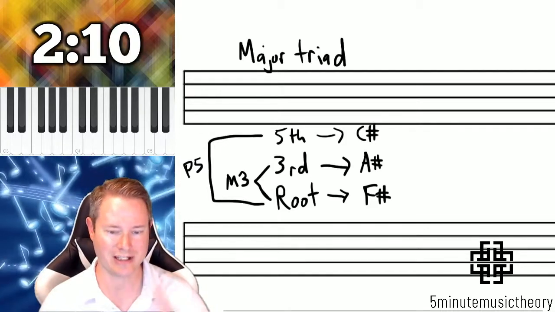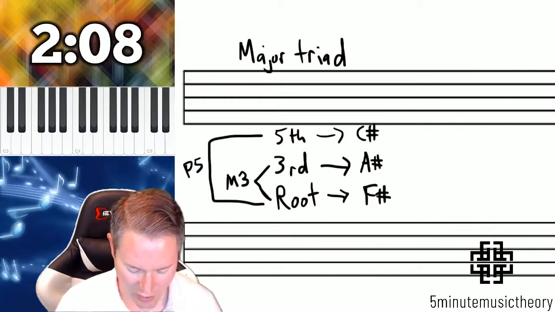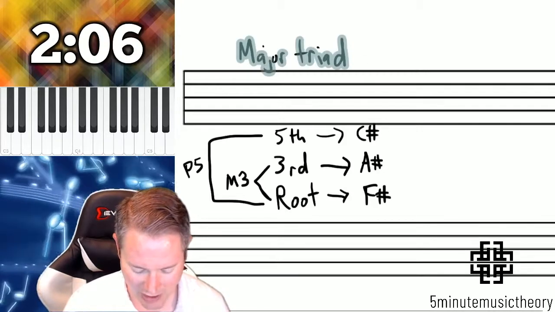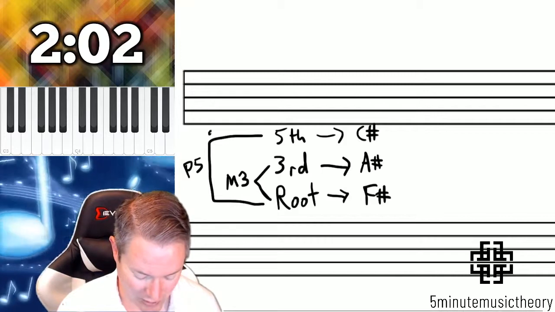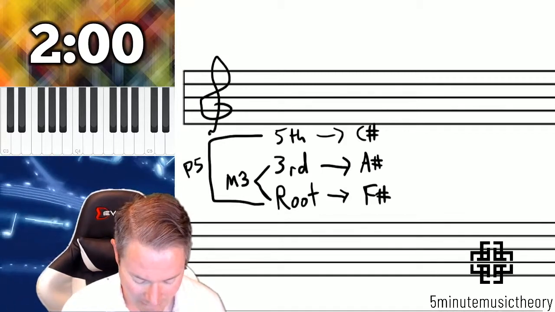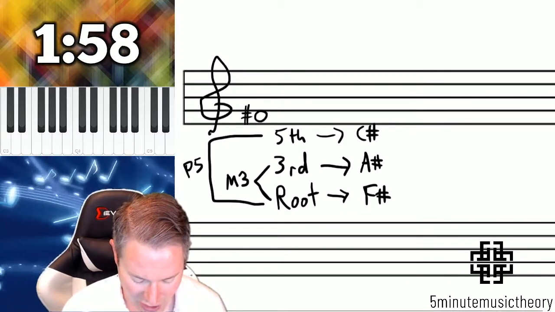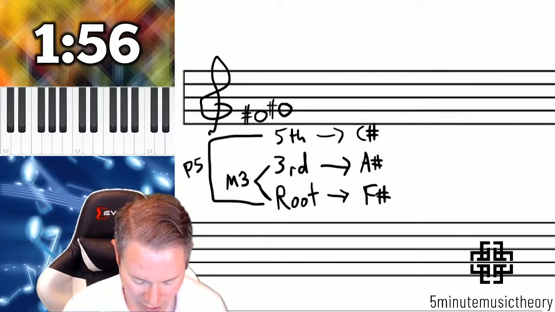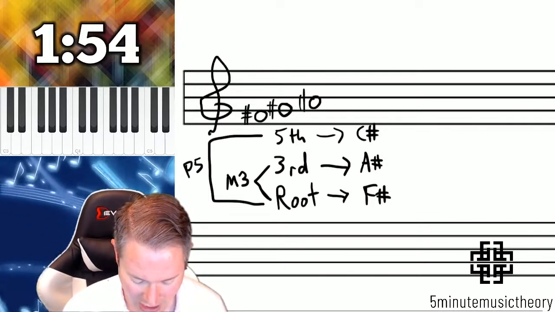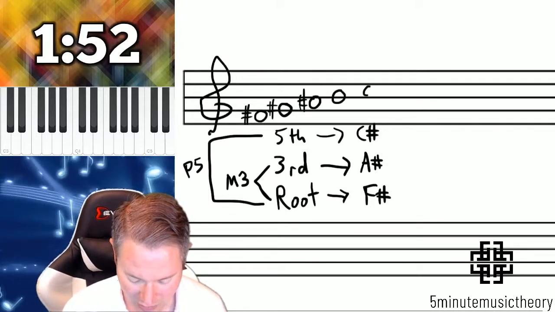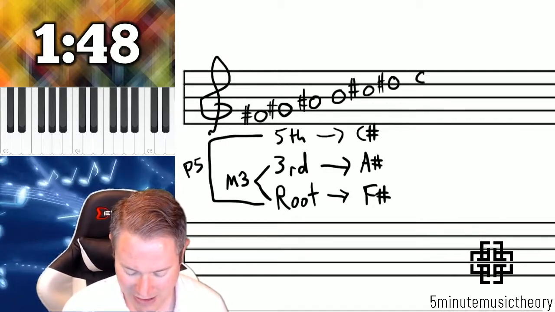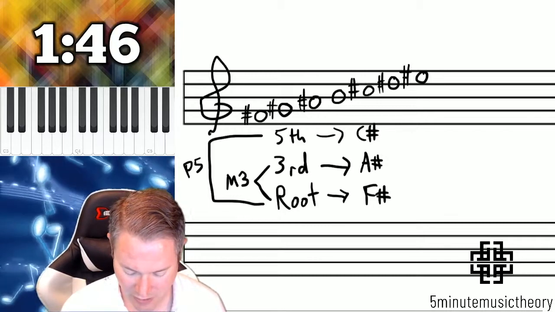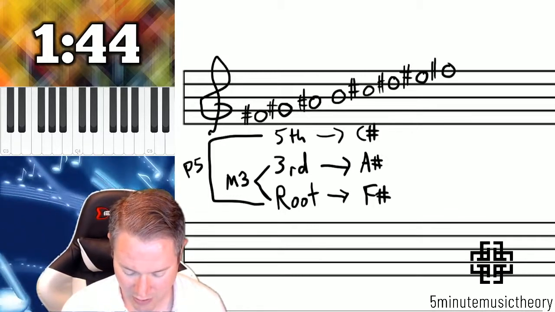Now let me show you something that's a little quick trick also if you know your scales. And if you watched my video on the major scale method, this is similar to that, except we're dealing with triads instead of seventh chords. So if we look at an F sharp major scale, which has a bunch of sharps: F sharp, G sharp, A sharp, B is actually natural, C sharp, D sharp, and then E sharp, F sharp.